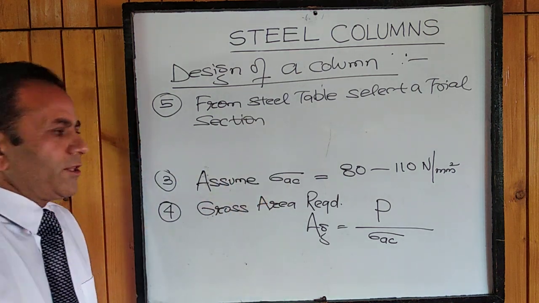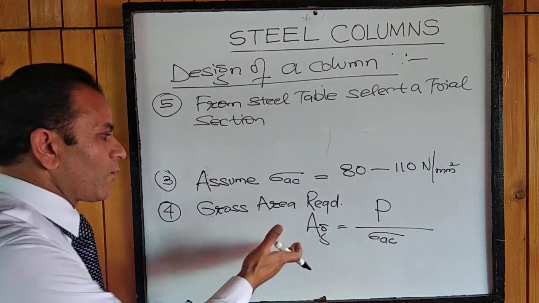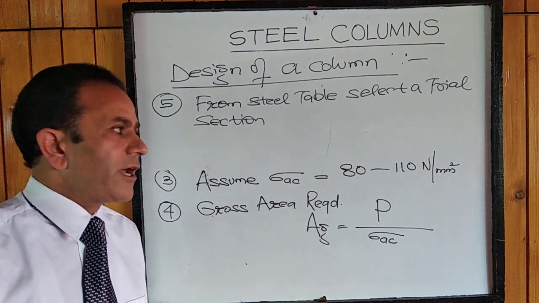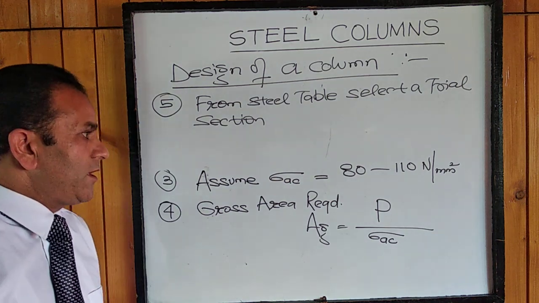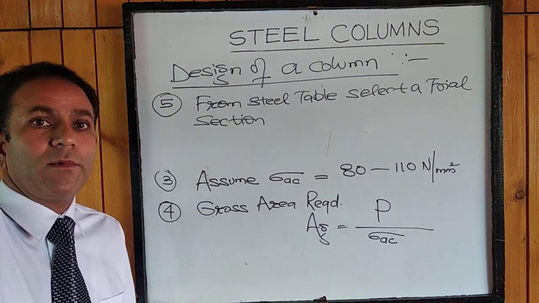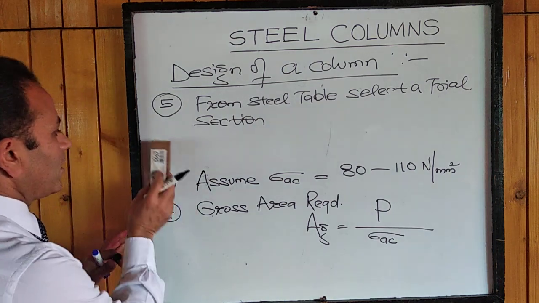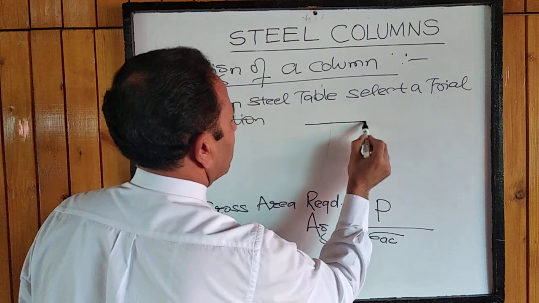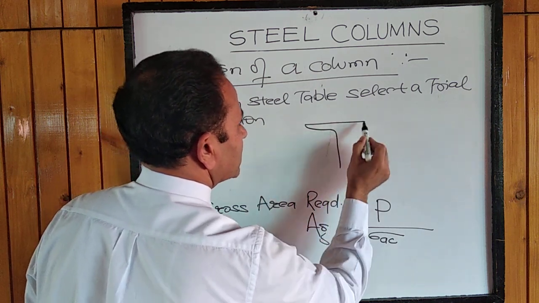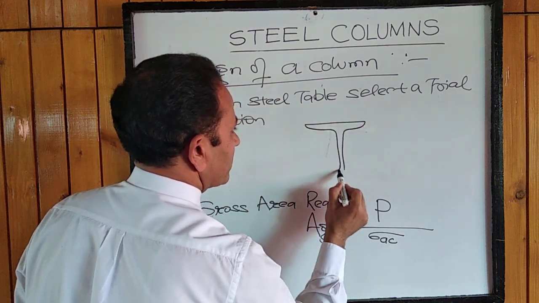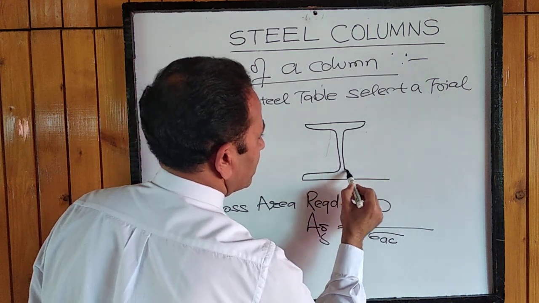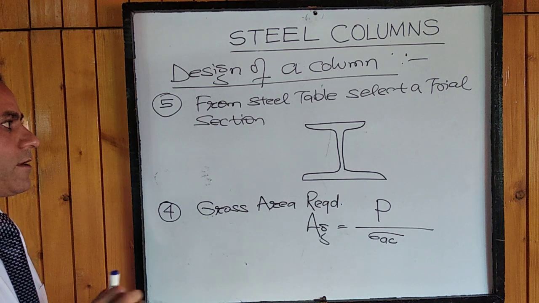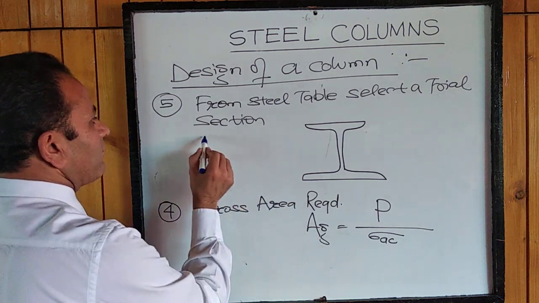Initially we may see if our area requirement is satisfied by a single angle, a single I section or a channel section, then it's okay. If the requirement is more, then we may provide plates over it. So a trial section, say for example, I have this I section as a trial section. Now this I section will have properties from the steel table. I will find out the area.